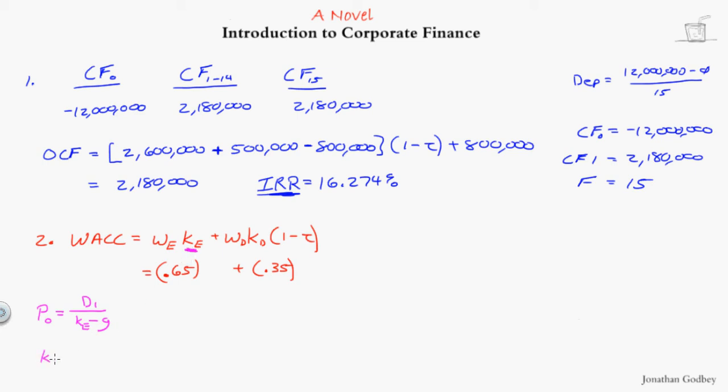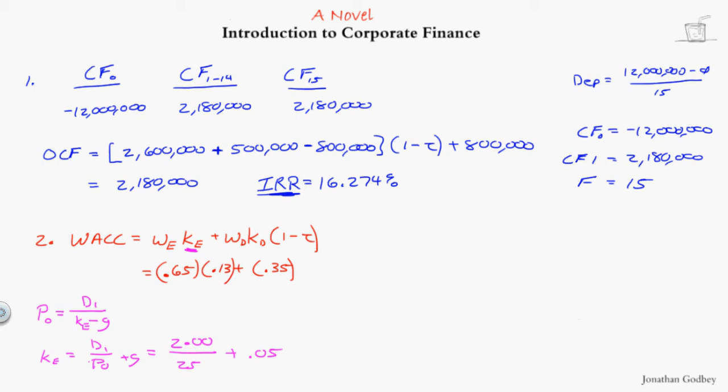So KE is equal to D1 over P0 plus G. Read carefully, this is a dividend next year, so this is in fact D1 over P0, which is 2 over 25, plus 0.05, so that's equal to 13%, so I put in my 0.13 right here.